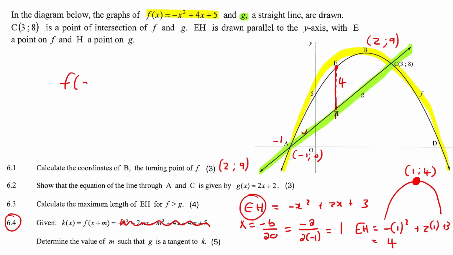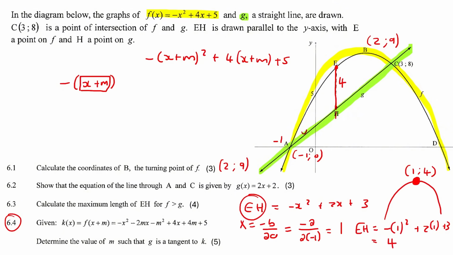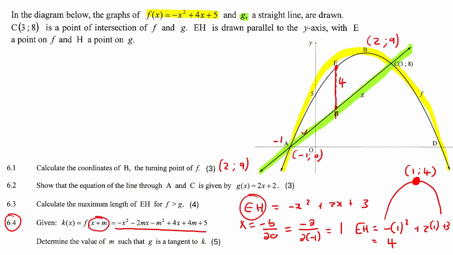If I say what is f of x minus 3, you would plug x minus 3 into all the x's. If I say what is f of x plus m, you would plug x plus m into all the x's, and it would have ended up looking like this. They then simplified that for you, and this is what they ended up getting. They've done that part for us, but they didn't have to. So in a future question, just be aware of that. They've given us what that equation becomes if you plug x plus m in.